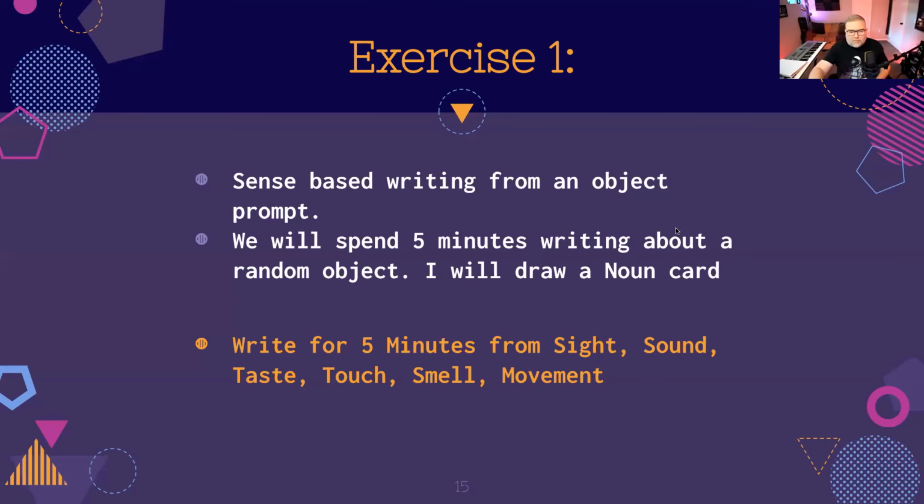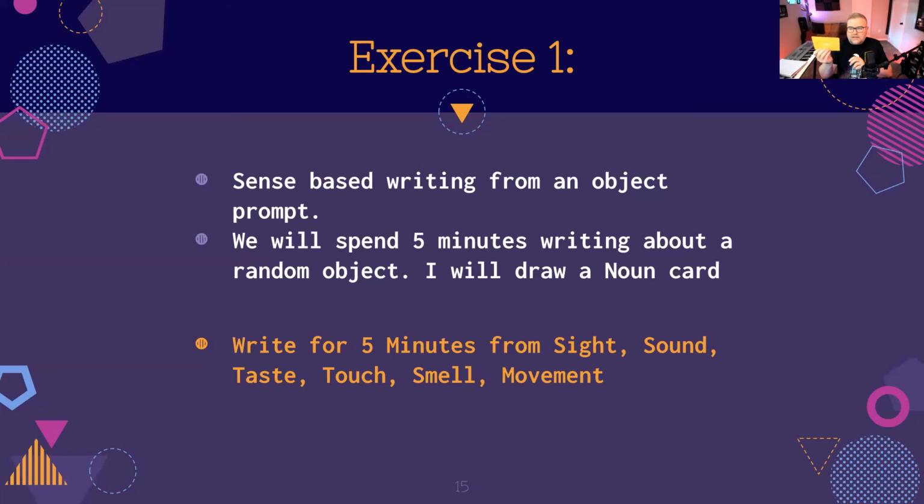So what we're going to do for our first exercise is a 5-minute sense-based object writing for an object that I pull out. I need to set my timer here as well. So I'm going to reach into the box and pull out a card and see what our object is.